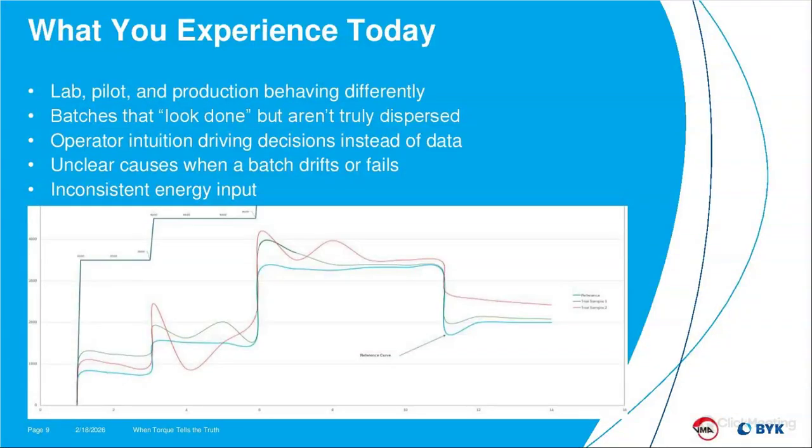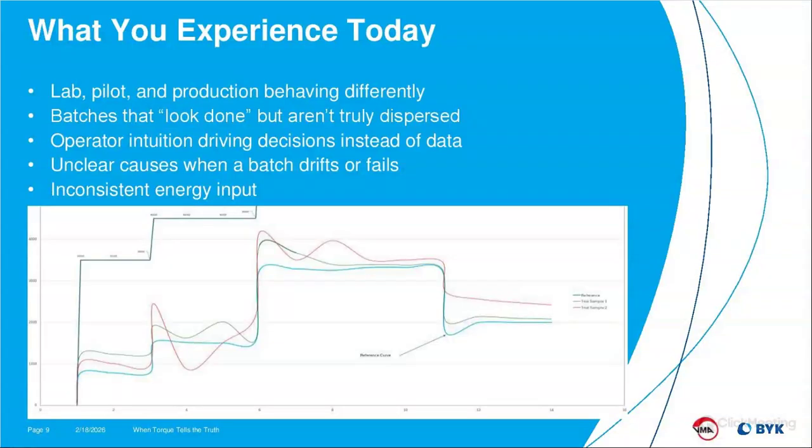So what do you experience in labs today? Well, you have different machines from different manufacturers in your lab, your pilot, and your production, and they all behave differently. You have batches that you may think look pretty good visually, but when you analyze them, they're not where they need to be. Operator intuition, right? You have guys or gals working these machines who have been working them for a long time, and they get their own set way of doing things.